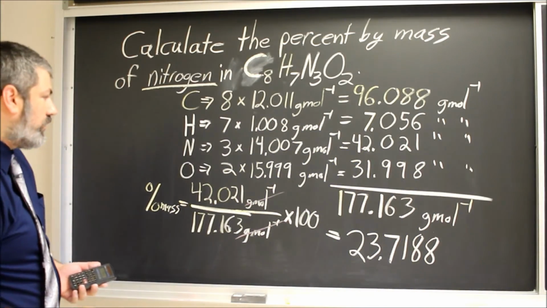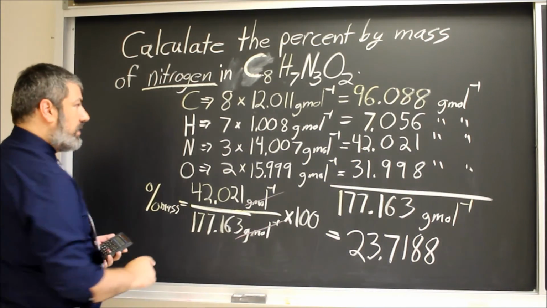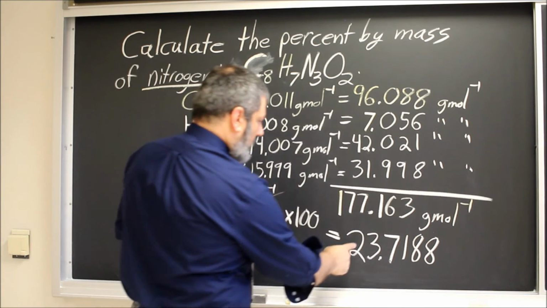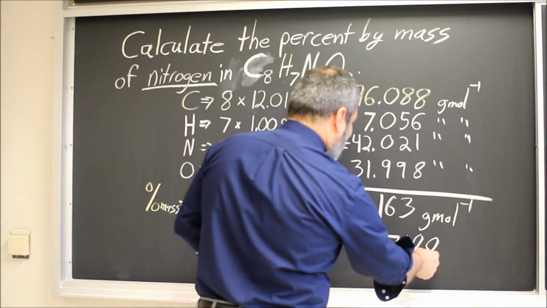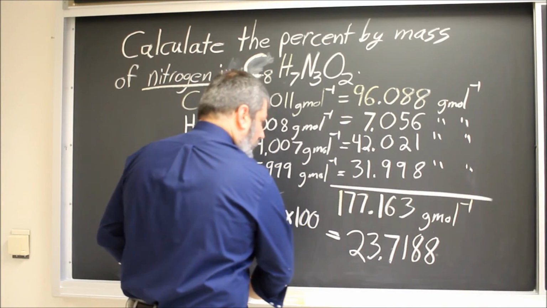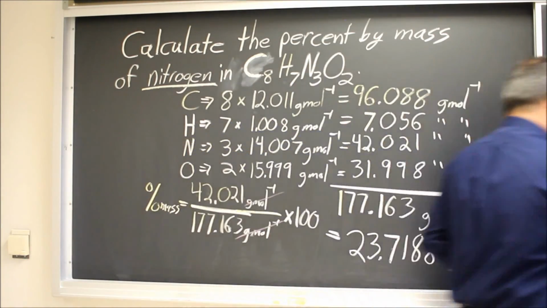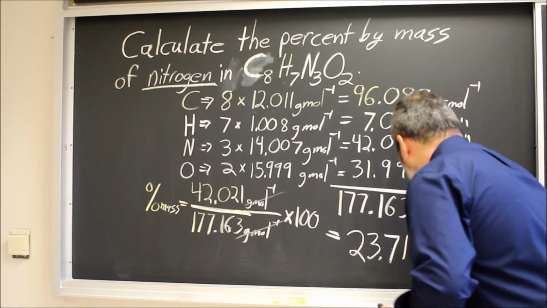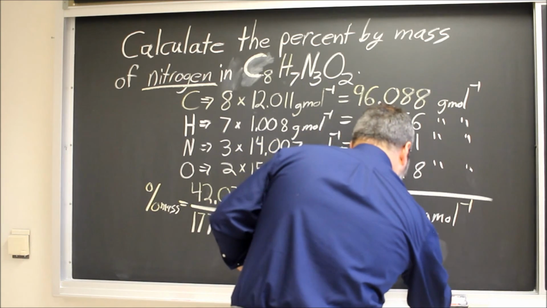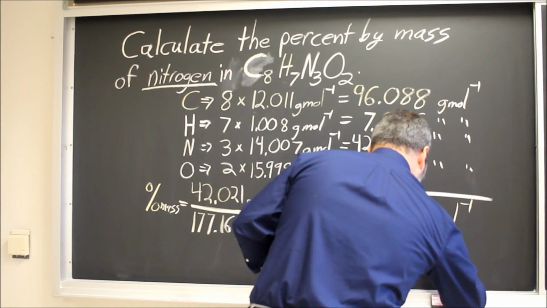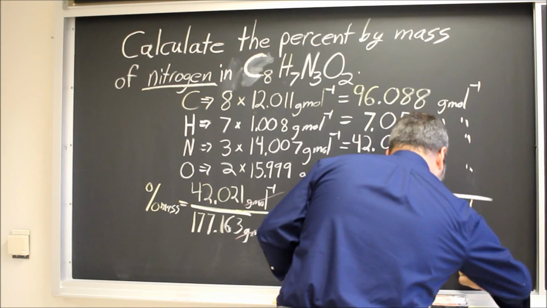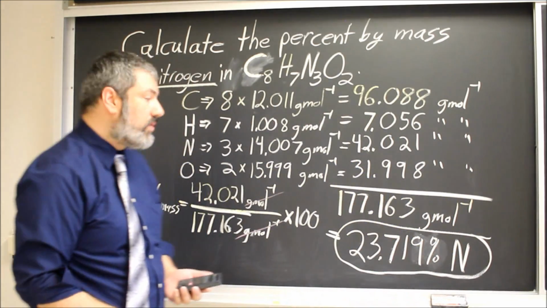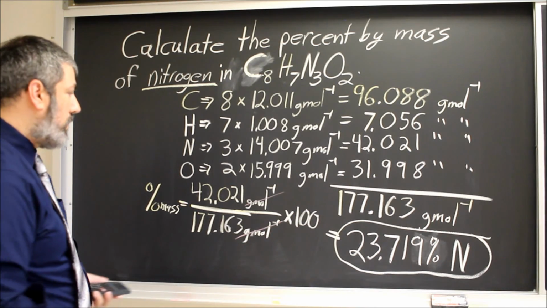And now if we look for our significant figures, we have 1, 2, 3, 4, 5 significant figures here. 1, 2, 3, 4, 5, 6. So we need to round this up. So that's our answer, 23.719% nitrogen by mass.